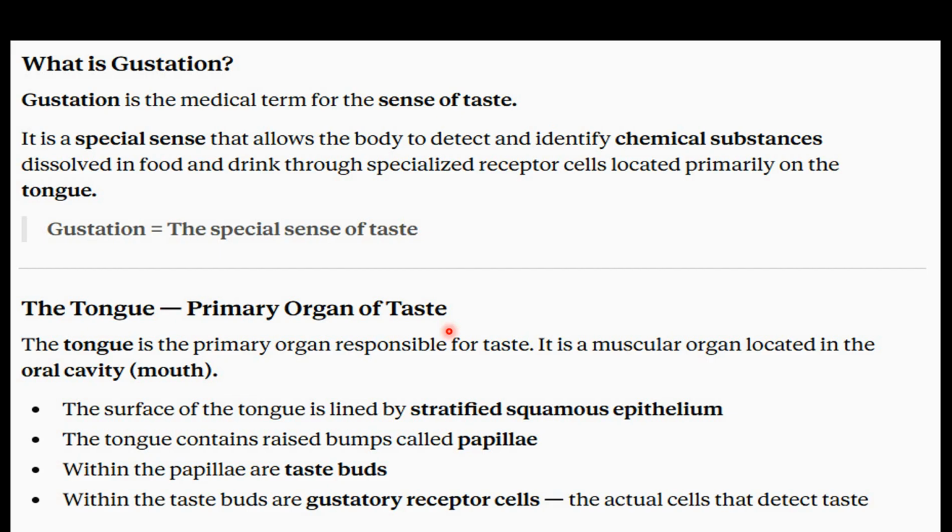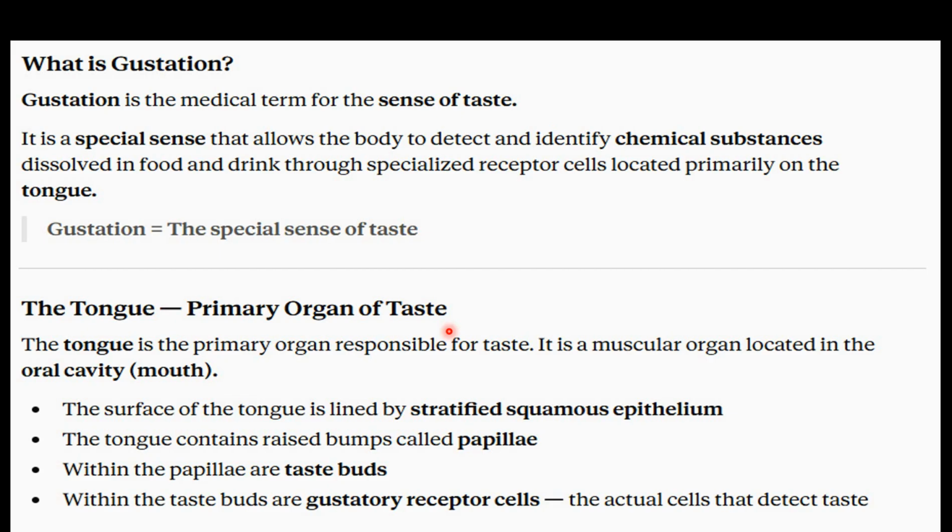Now we all know that the primary organ of taste is the tongue, right? Because the tongue is the only thing through which we taste things. The tongue is the primary organ responsible for taste, and it is a muscular organ located in the oral cavity, the mouth. Now the surface of the tongue is lined by stratified squamous epithelium, and the tongue contains raised bumps called papillae.